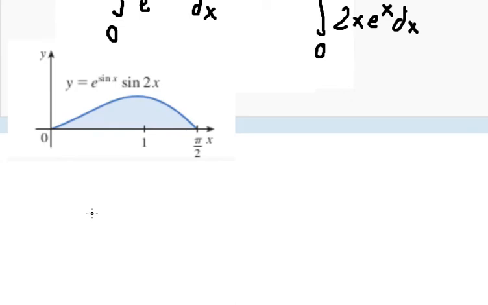And the next one, we have the integration from 0 to b over 2. And we put this one going here.